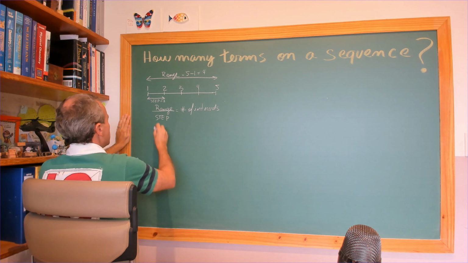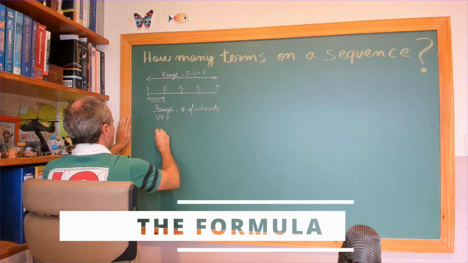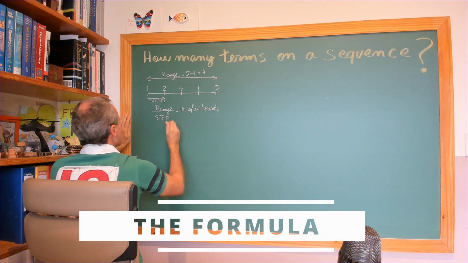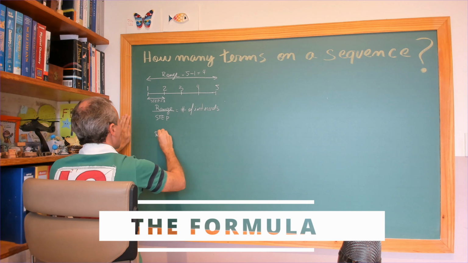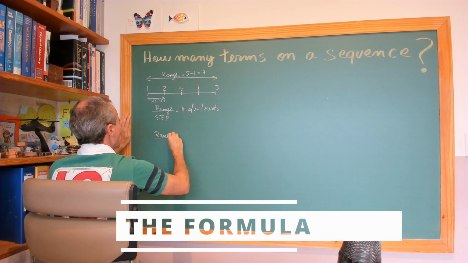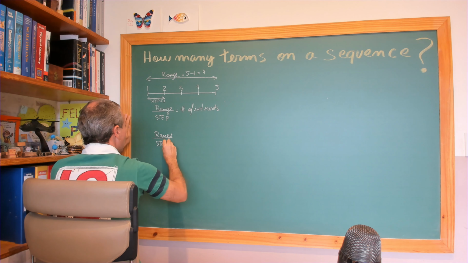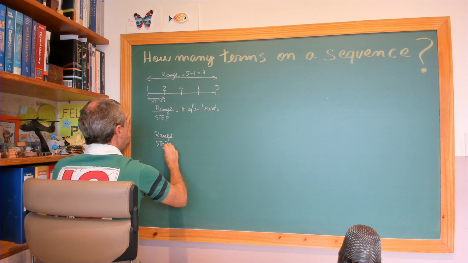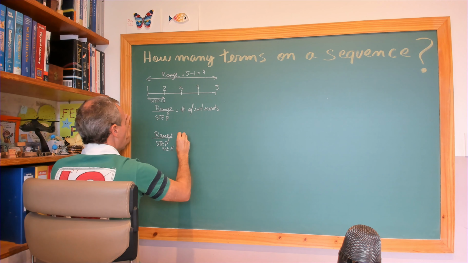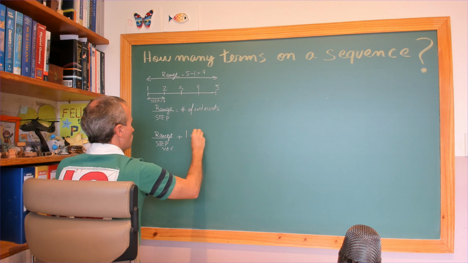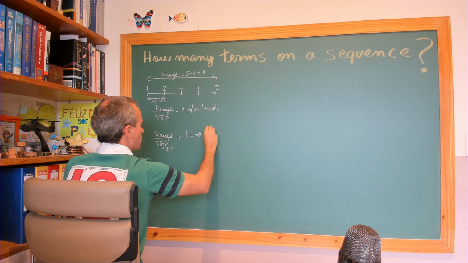So if I take the range, divide by the step size, and add 1, I get the number of objects.